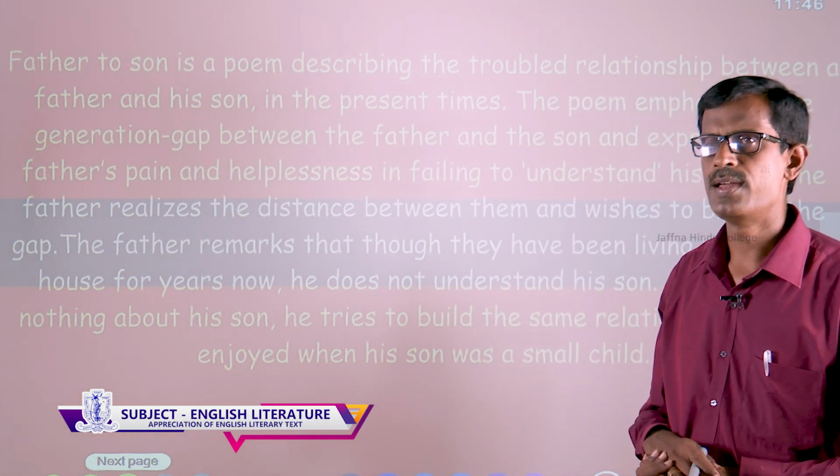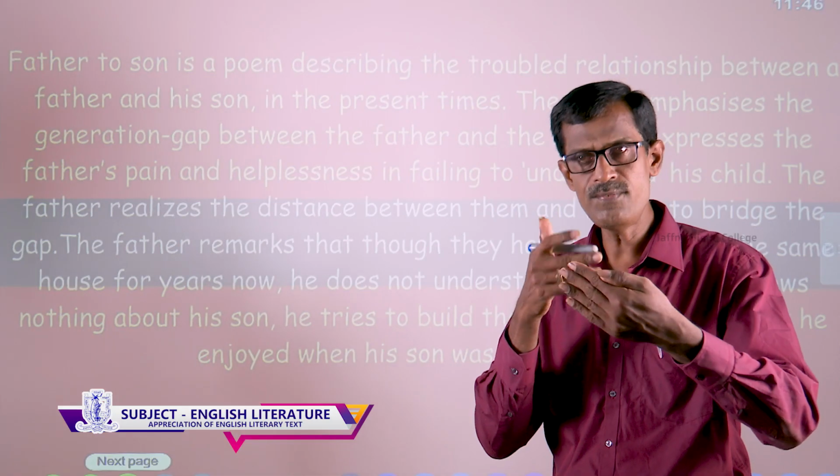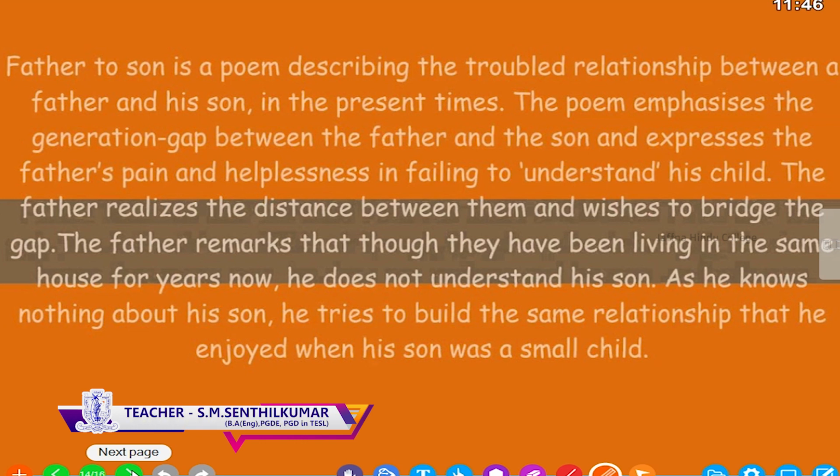Now, this is the overall theme of the poem. Father to Son is a poem describing the troubled relationship between father and his son. There is a conflict between father and son.